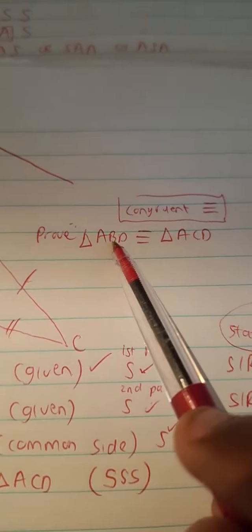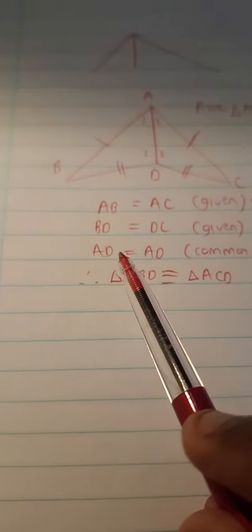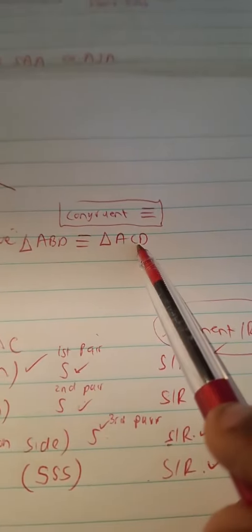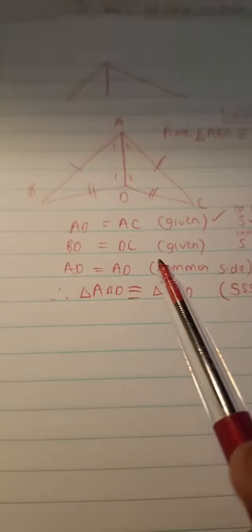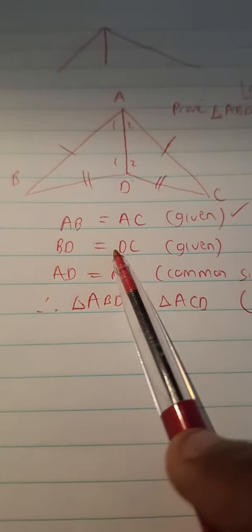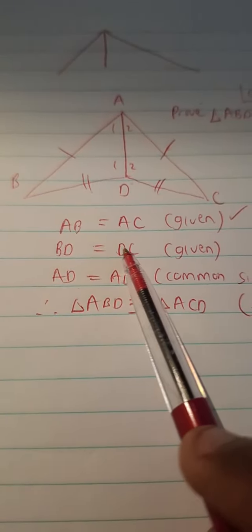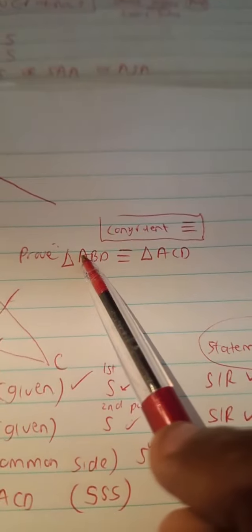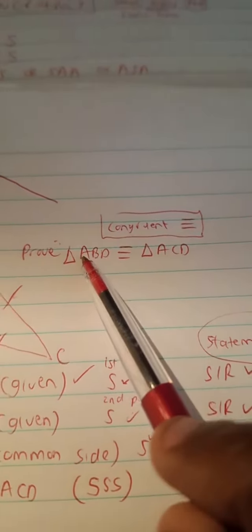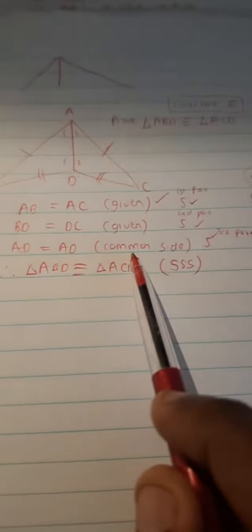Let's look at the last 2. BD, look at the last 2. CD, there it is. DC, CD is the same thing. Then lastly, look at the first and the last. That's A and D. AD is equal to AD, common side.